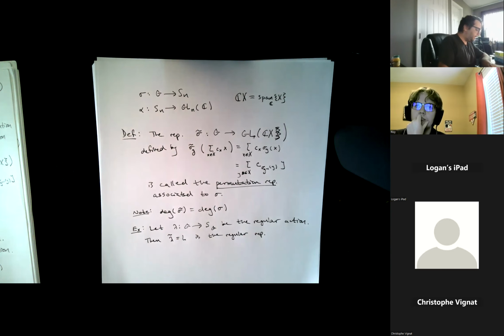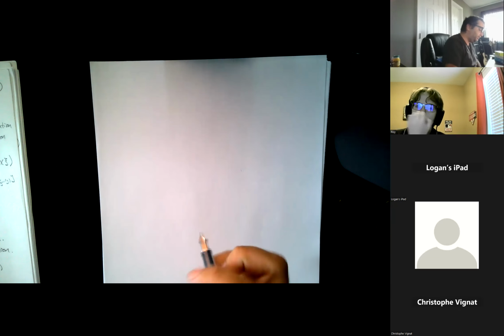So I want to prove another proposition here, which just says that this permutation representation is always unitary.